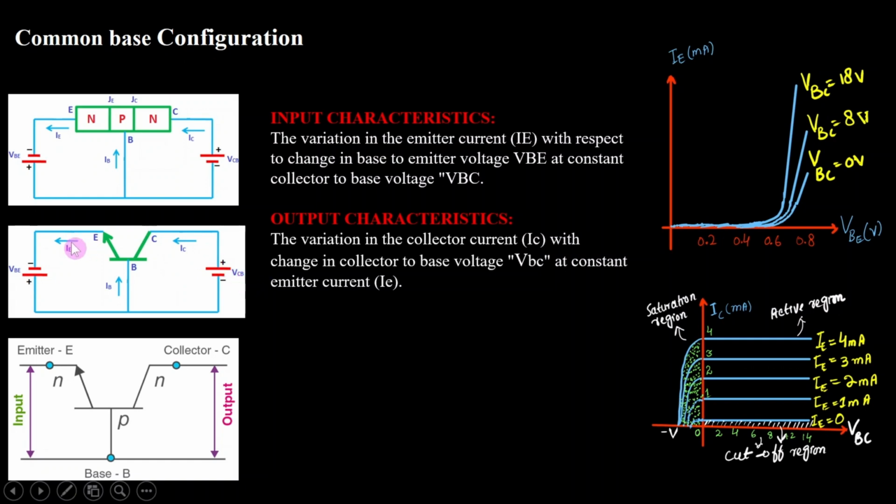So we will take this IE as a constant, we will change this VCB, due to which the change will occur in the IC, and we will collect that data, and if we plot that, it will give us such a graph. This graph is called the output characteristics of the transistor.